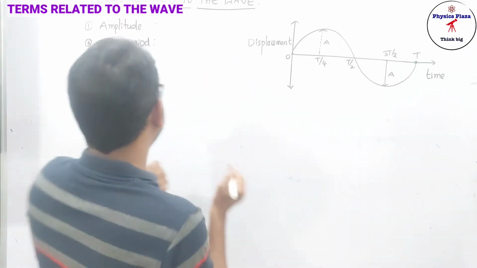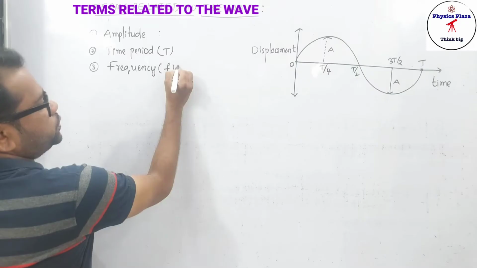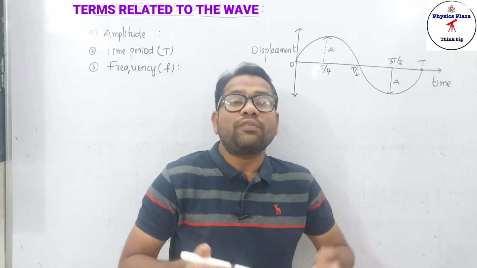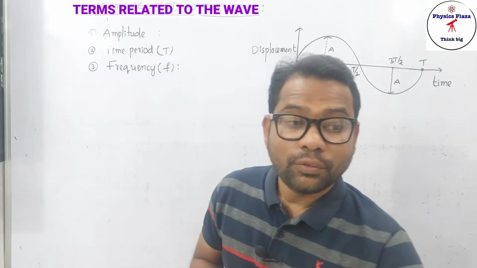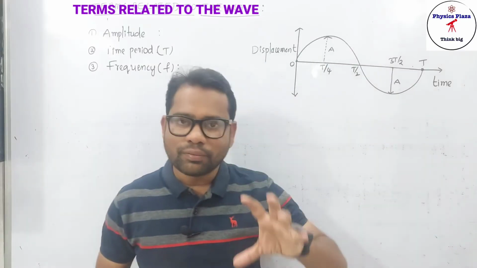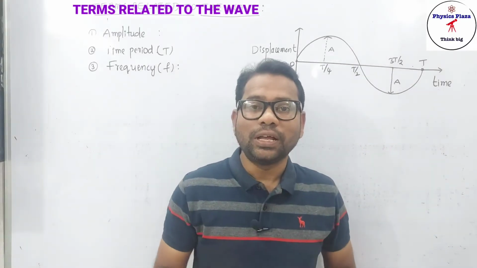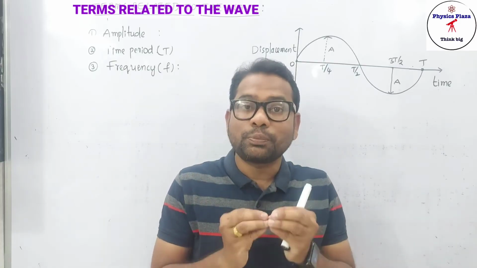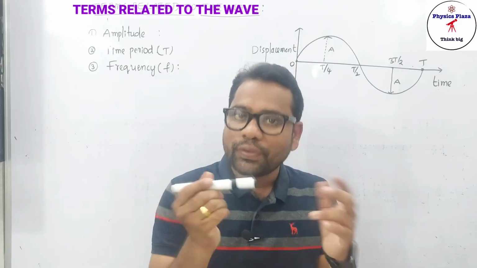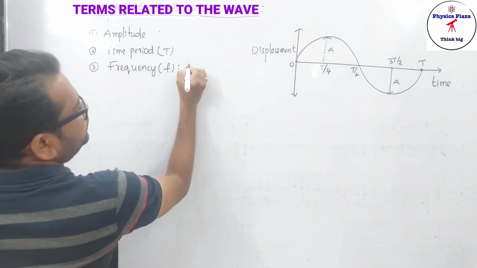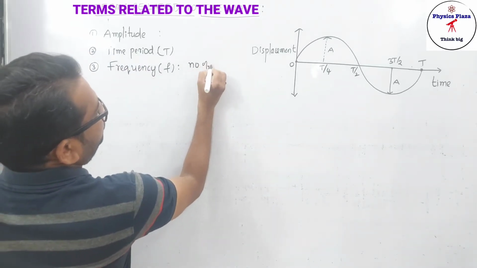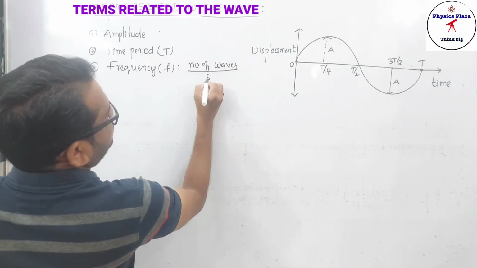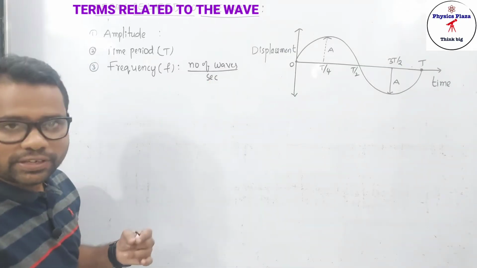Is it clear? Fine. The next term is frequency. Like this, how many waves are formed? We have to calculate how many waves are formed per second. The number of waves produced per second is called frequency.